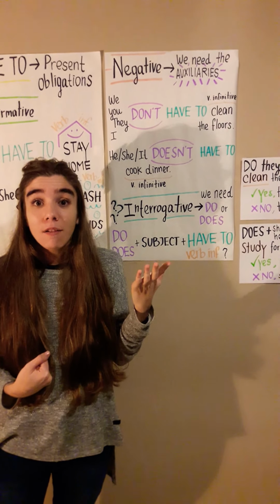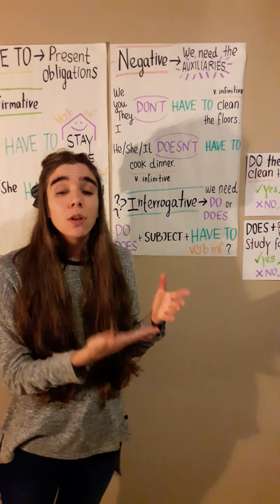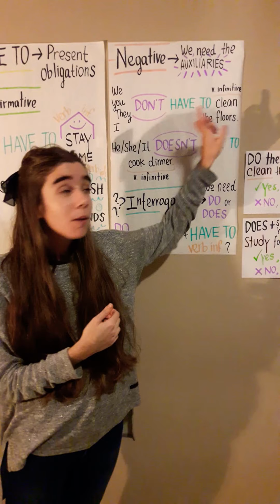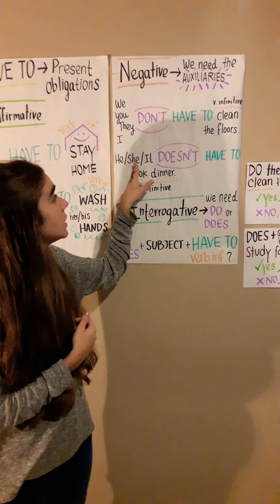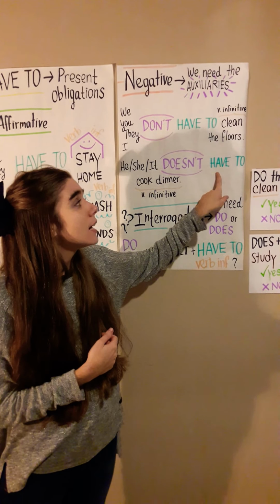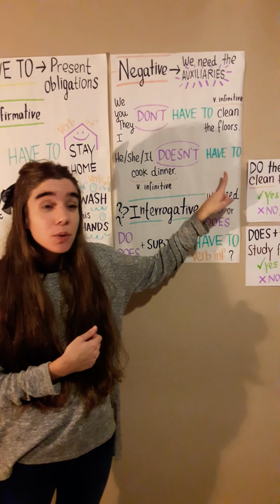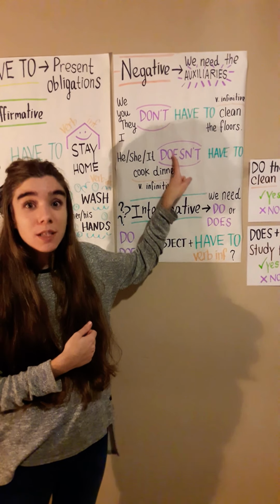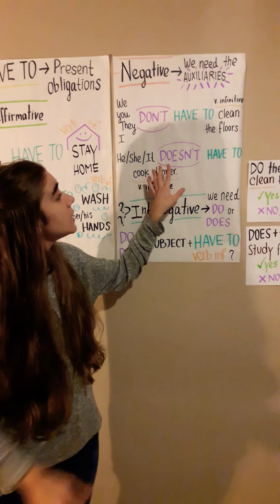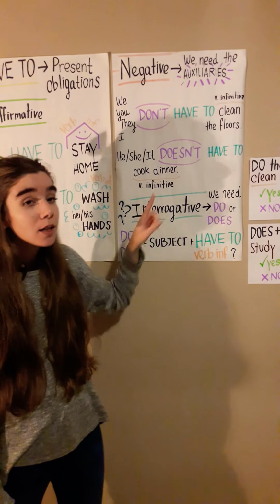The verb in the infinitive, remember, be after have to, luego de have to, el verbo en infinitivo. With he, she, or it, we're going to use doesn't have to. Ahora sí vamos a usar have to porque ya tenemos nuestro auxiliar, ¿ok? So, he, she, or it doesn't have to cook dinner.